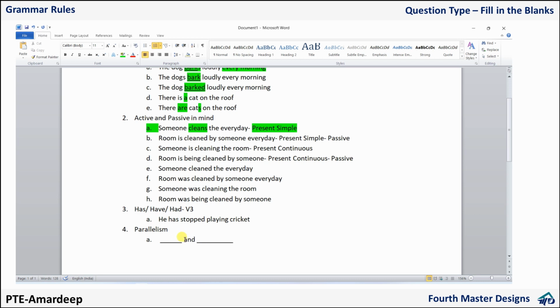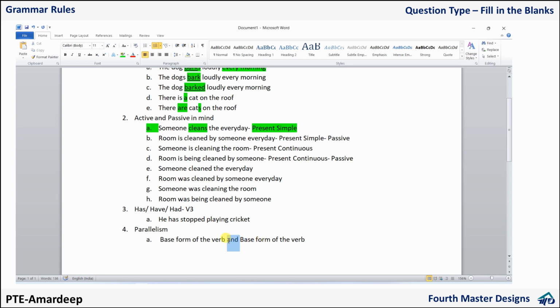If there is base form of the verb before and, then it has to be base form of the verb after and.